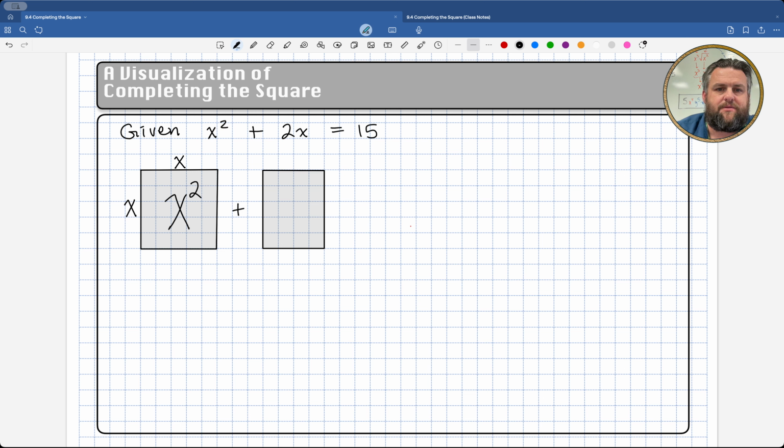The width of this rectangle is 2, the height is still x, and by multiplying them, the area of this rectangle is 2x. Now let me take out the shading on this because I'm going to need it in a second. So I have a square of x squared, and a rectangle of 2x, and combining them, we get the total area of 15.